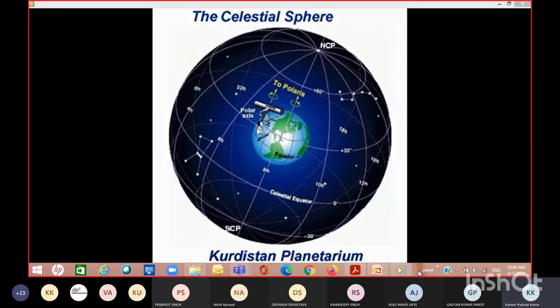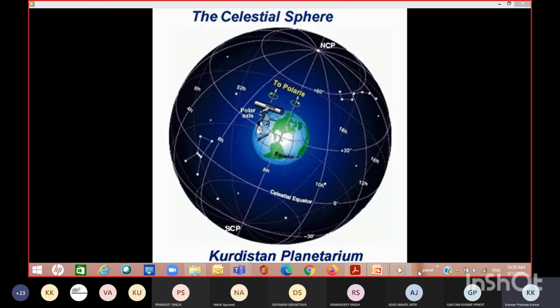This one is showing tilted. Right above the North Pole of the Earth, there is the celestial North Pole. And below the South Pole of the Earth, there is the celestial South Pole. In line with the equator is the celestial equator or the equinoctial.